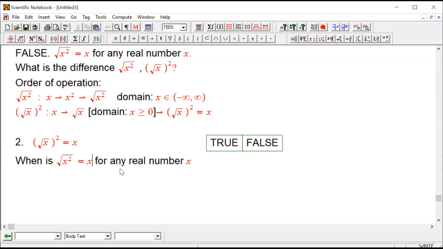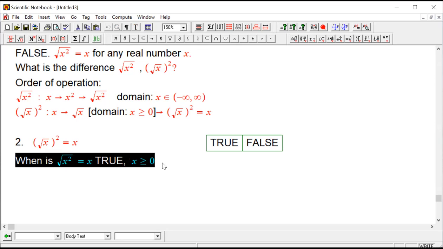That's our question, and we answer that question. For that statement to be true, X cannot be any real number. X has to be larger than 0 or equal to 0. So this is when it is true.